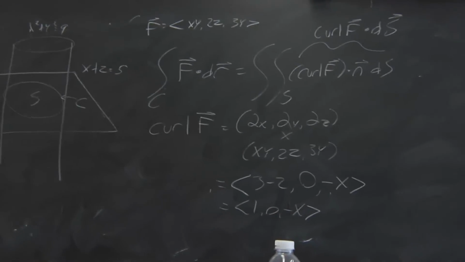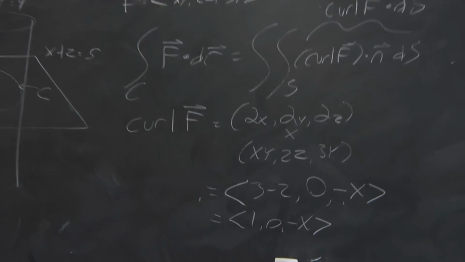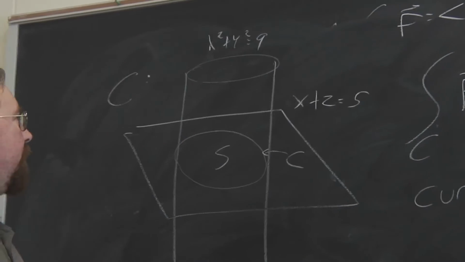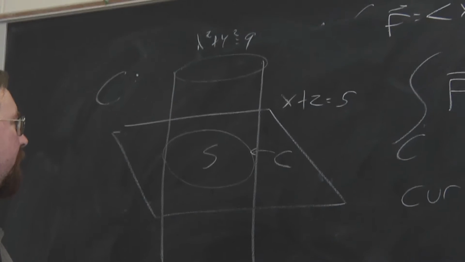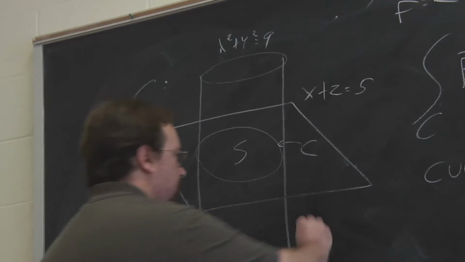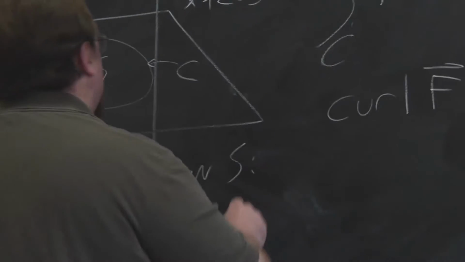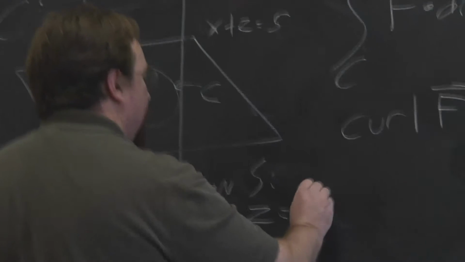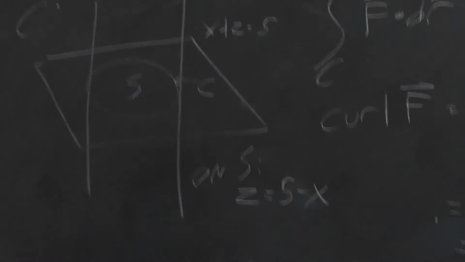Alright, so that's one thing we need. The second thing we need is to parameterize this surface. So what we have here, on this surface, it's a plane x plus z is equal to 5. So z is equal to 5 minus x, no matter what.